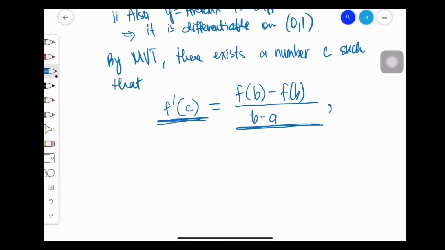And take note that c should be between a to b. In this case, c is between 0 and 1.